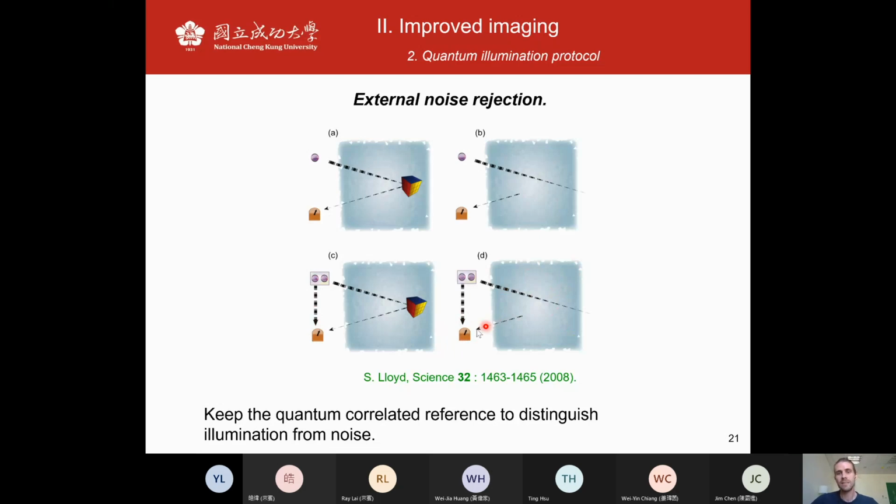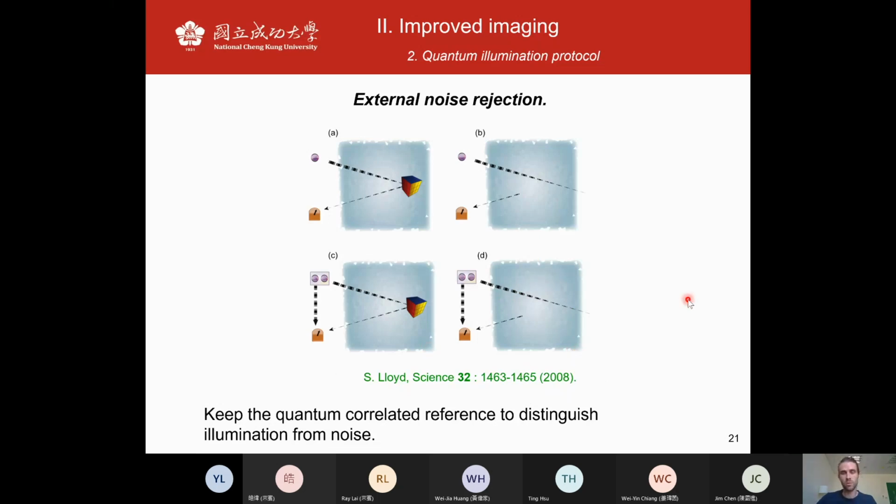And therefore, by detecting the signature of this correlation between this reference and the light that you receive from the scene that you are trying to observe, you can really distinguish what comes from the scene of interest that you are illuminating, and the noisy environment source of noise. So this scheme was introduced theoretically by Seth Lloyd in 2008.